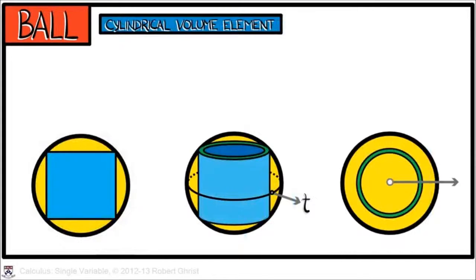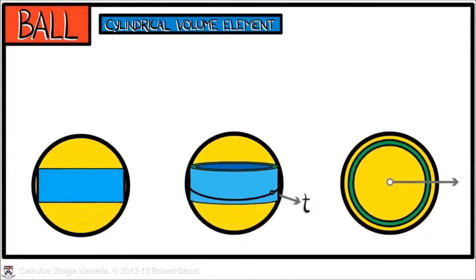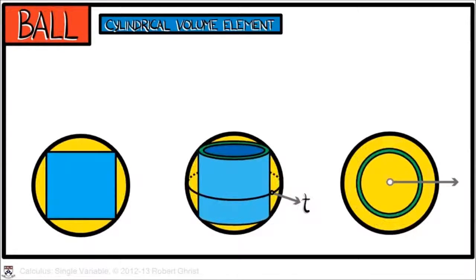Consider slicing up the ball into cylindrical shells as a volume element. Let's choose a radial variable. Let's call it t. And then consider a cylinder that sweeps out the volume of the ball parallel to some, let's say, vertical axis.